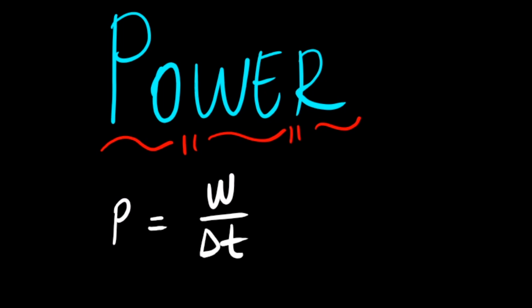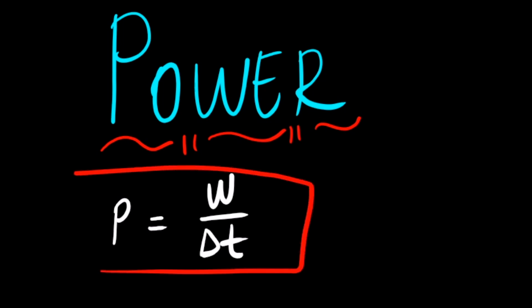If you can calculate the work done on an object by a particular force, and then you have the time taken for that force to do work on that object, we can use this equation to calculate power.